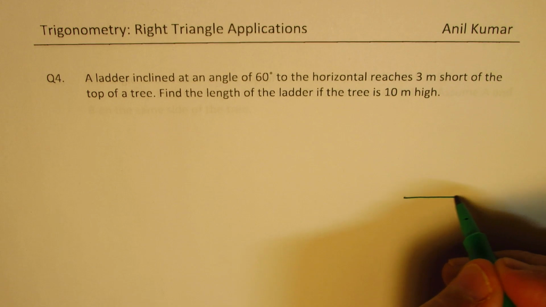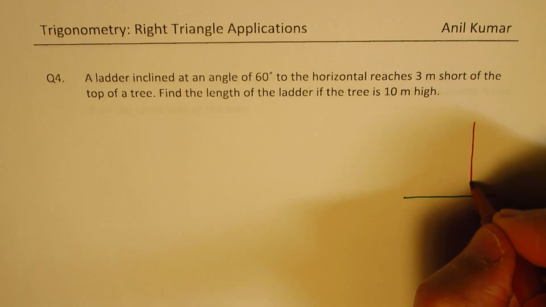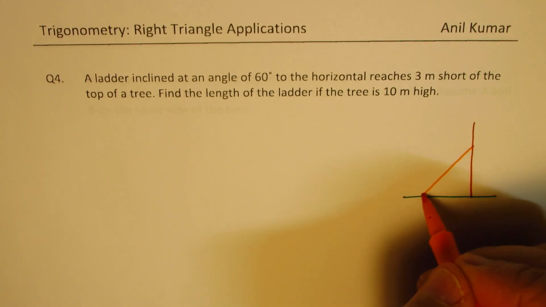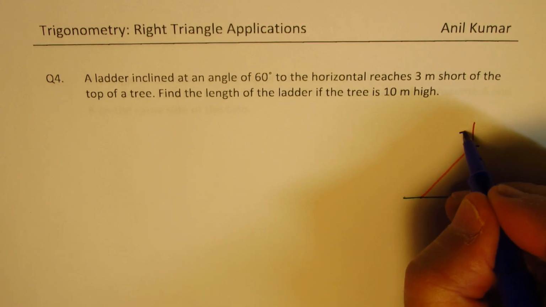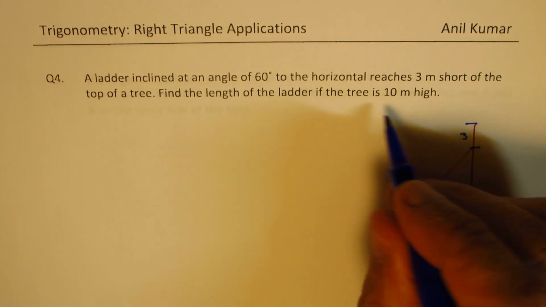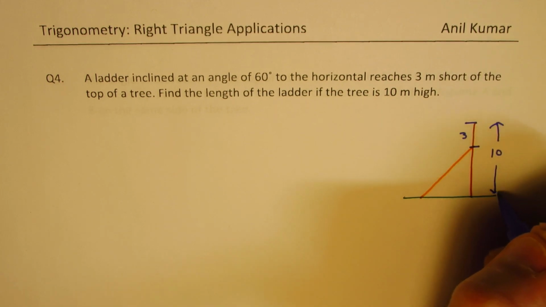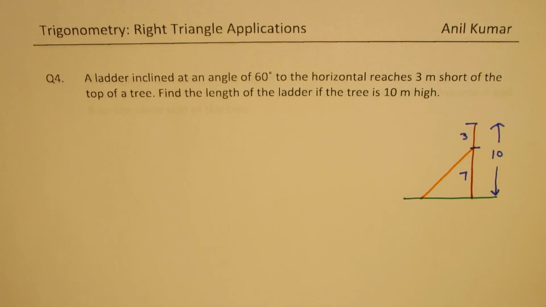So let's sketch. So we have a tree right there and a ladder which is trying to reach, well, 3 meters short. So this is 3 meters. Total height of the tree is 10 meters, right? So this is 7, right? 7 plus 3 is 10.